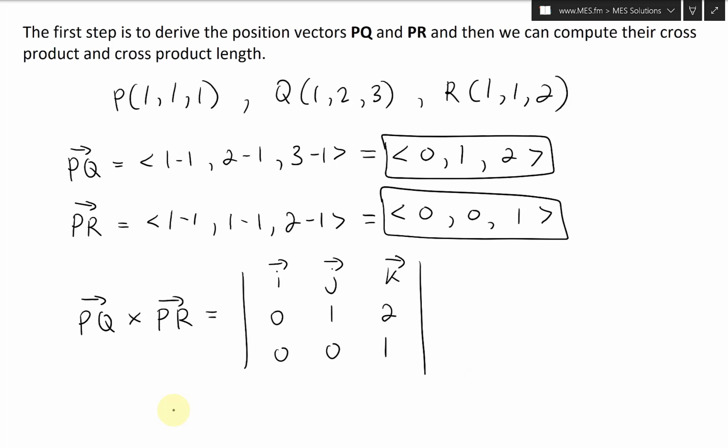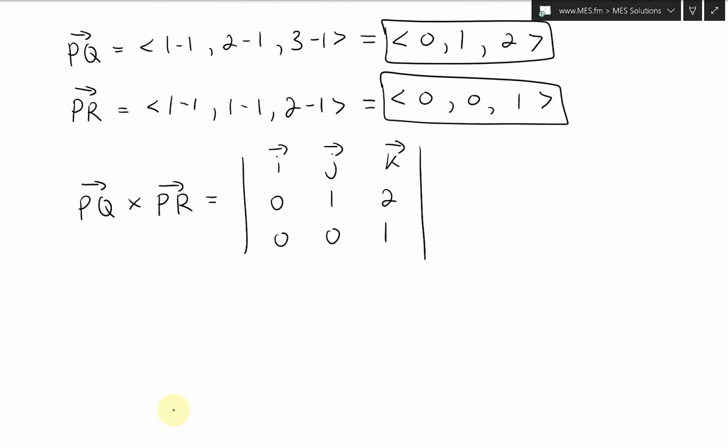Alright, let's just solve this out. So again, as always, you cross this, and then you multiply this by this, and then subtract this by 2 times 0. So we're going to have 1 times 1 minus 2 times 0. This is going to be the I component.